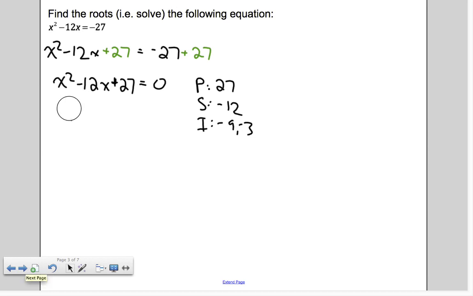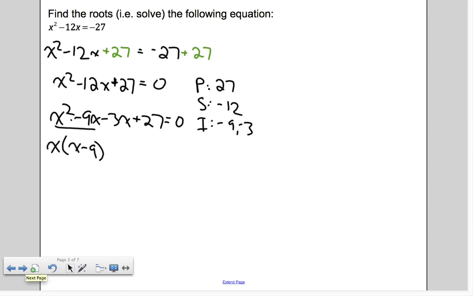So I'll do this by decomposition. So I get PSI. So x squared minus 9x minus 3x plus 27 is equal to 0. I'm going to factor out x here. So x minus 9. I'm going to factor out a negative 3 over here. So x minus 9 is equal to 0.